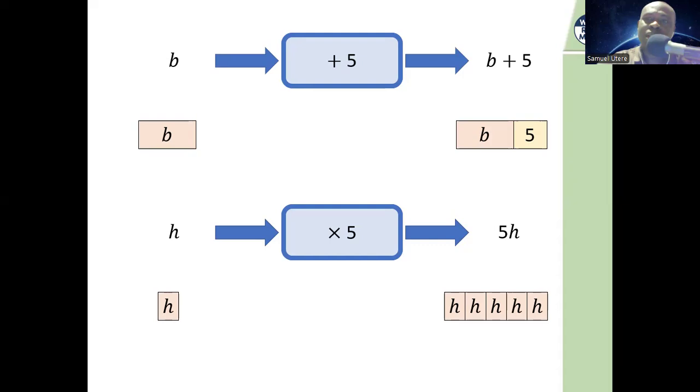I want you to start thinking that there is more than one way of figuring out what the function machine operation is, because I could have written H and then plus 4H. Don't worry, we're going to think a lot more about that.